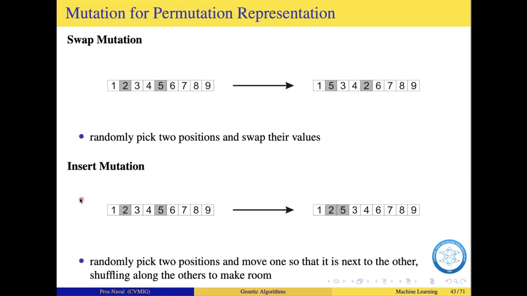This is one way. Or we do an insert mutation where we randomly pick 2 positions and move one so that it is next to the other, shuffling along the others to make room. So we choose this 2nd position and the 5th position. Then we move this there, and then we move all the rest to the right. So that's your insert mutation.